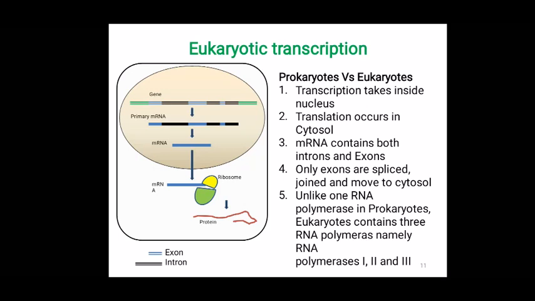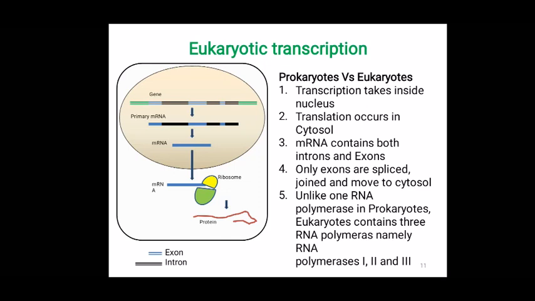Next, we will see eukaryotic transcription. In eukaryotic transcription, the gene structure has an additional feature called introns. So in addition to the promoter, there are interspersed sequences called introns and exons in the gene sequence region. Only exons have the coding sequence that goes for translation, and intron regions are not translated.